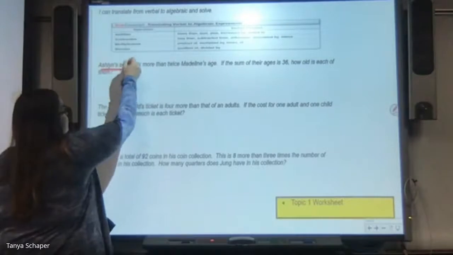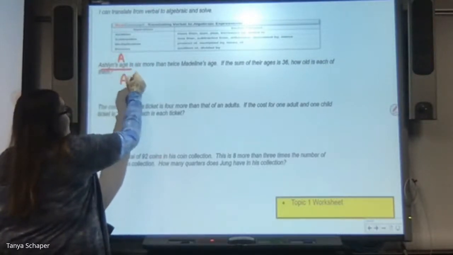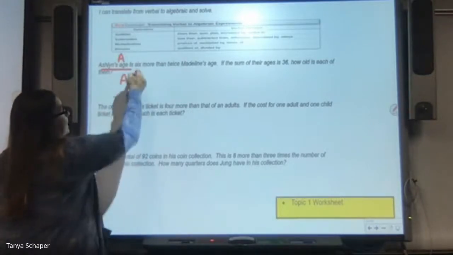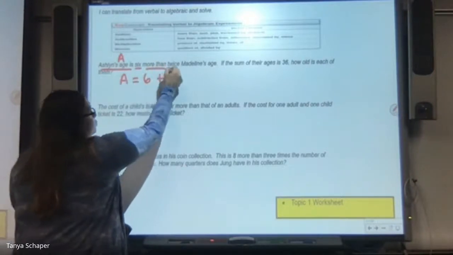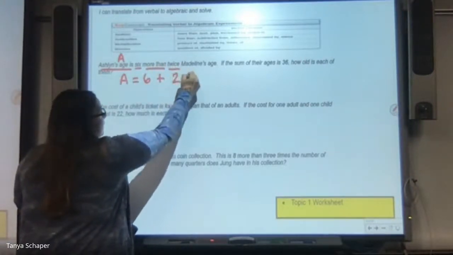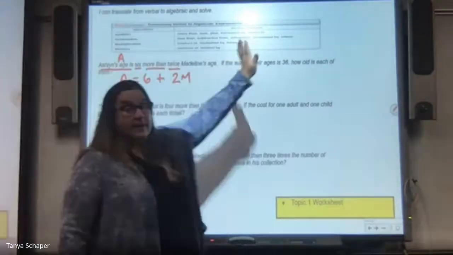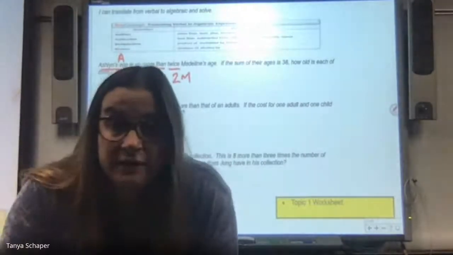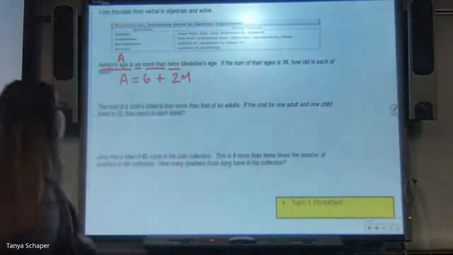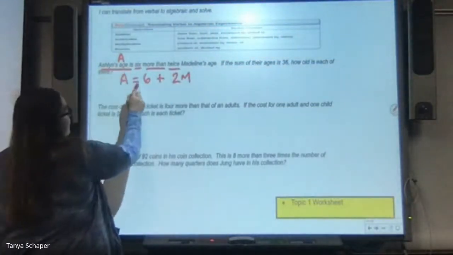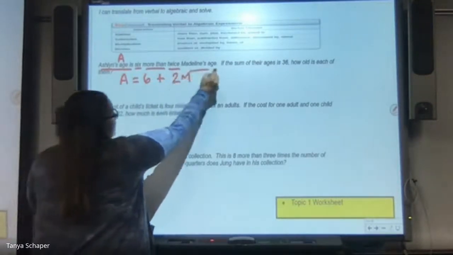Ashlyn's age, so let's use A. Ashlyn's age is 6 more than twice Madeline's age. And again, I'm going step by step. I don't see that switch phrase of less than, so I can work from left to right. So Ashlyn's age is 6 more than twice Madeline's age.